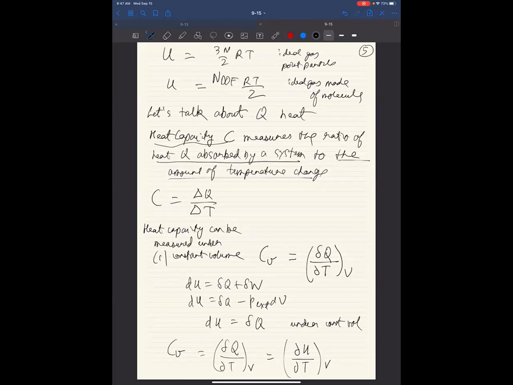So at constant V, this is path dependent, is equal to partial U by partial T at constant V.